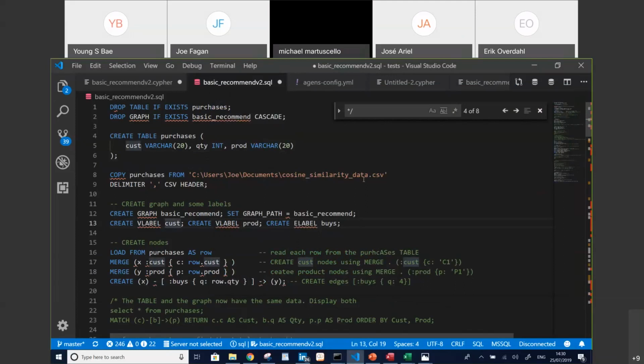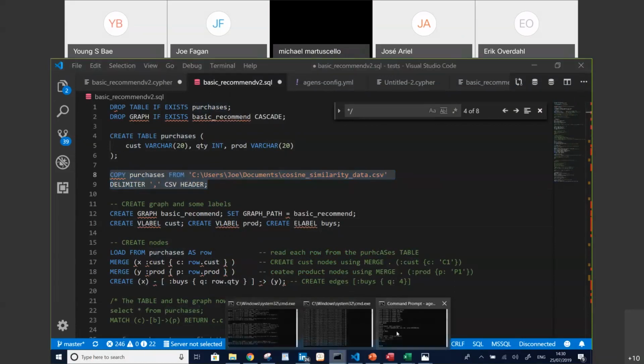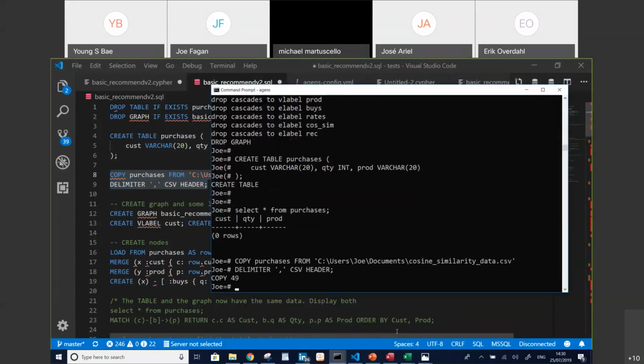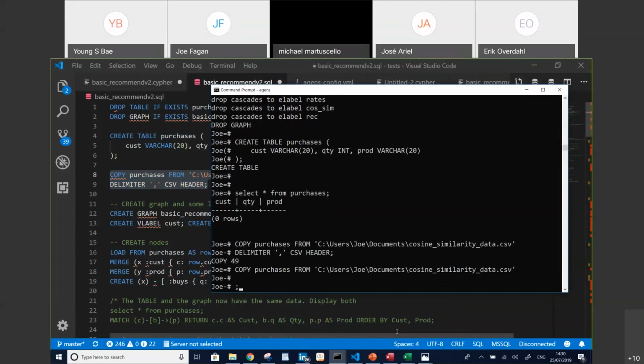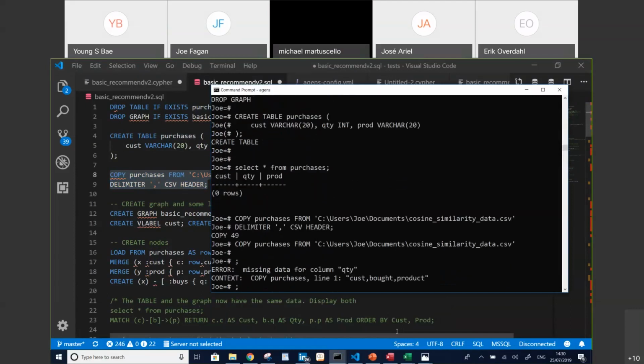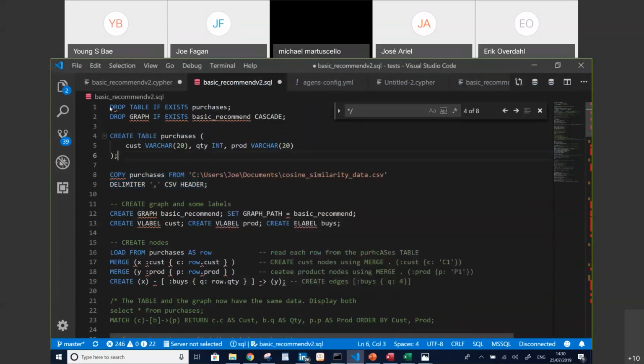And then I'm going to take the data file that you saw, and I'm going to simply copy it row for row into the table. So I can do this, copy it in there. And that's as difficult as it is to import data into Excel.